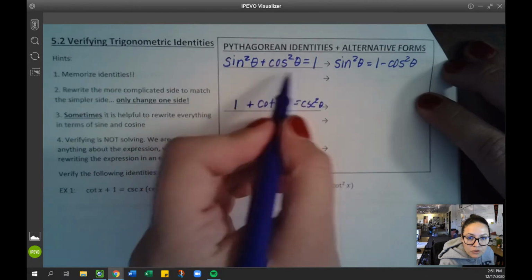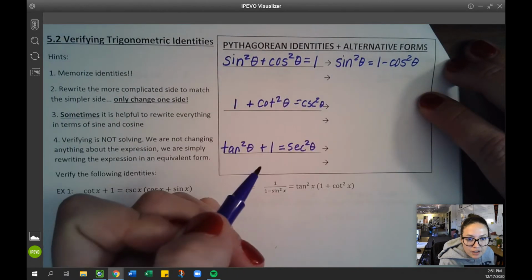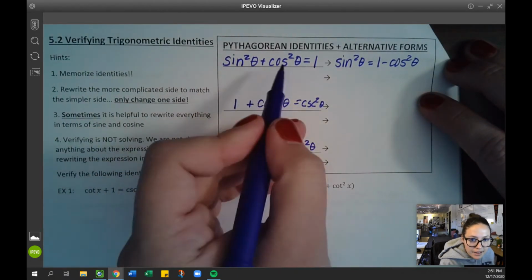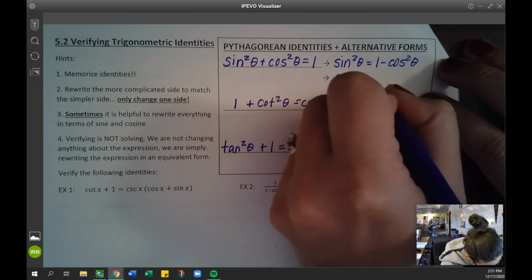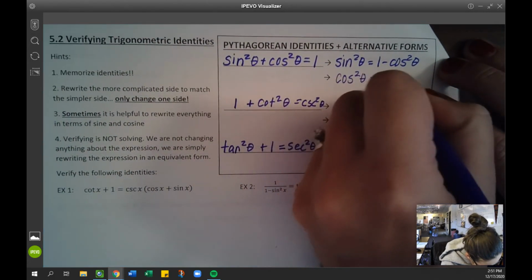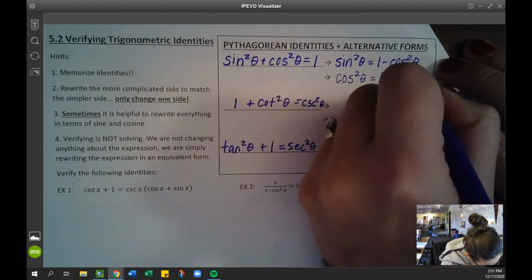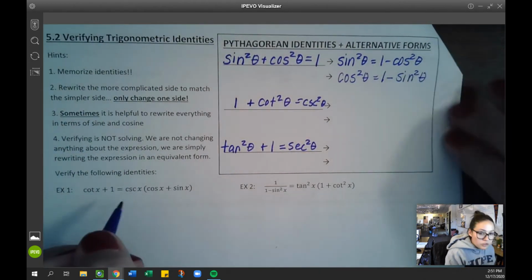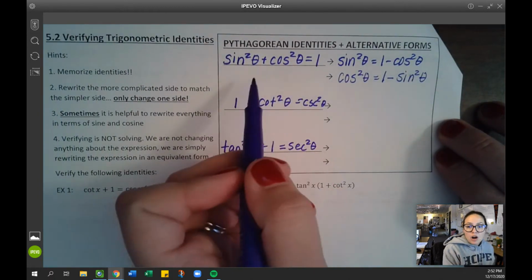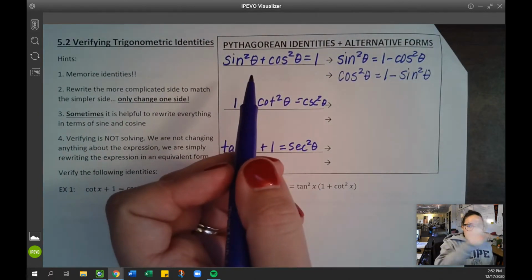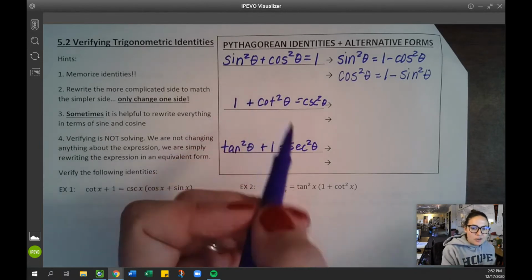All I did is move this cosine term over to the other side. In the same way, I could move sine over, which would mean that cosine squared is 1 minus sine squared. That's what I mean by alternative forms. We're taking the same parts and rearranging them around on either side of the equal sign.